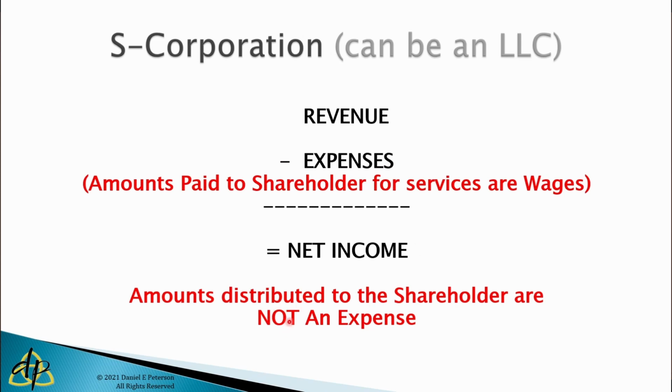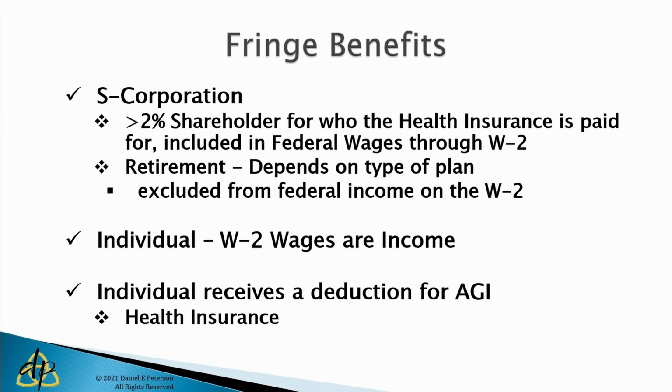When it comes to the fringe benefits of an S corporation, they have the same ability to have a group health insurance policy for the shareholders and the employees. The issue is that the shareholders who own more than 2% of the stock are required to include that health insurance premium that was paid on their behalf as federal wages in box 1 of the W-2.